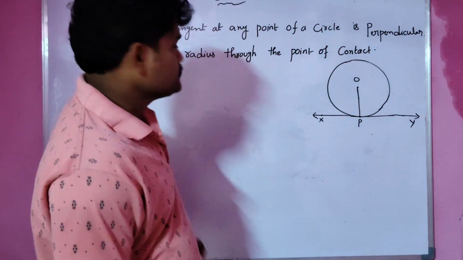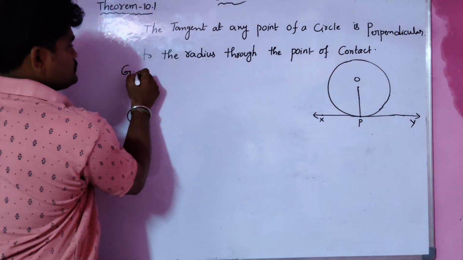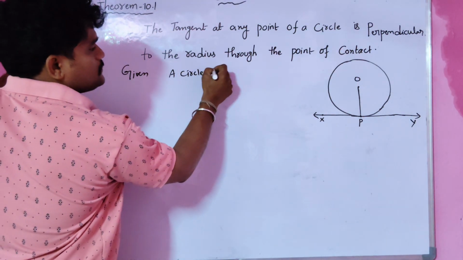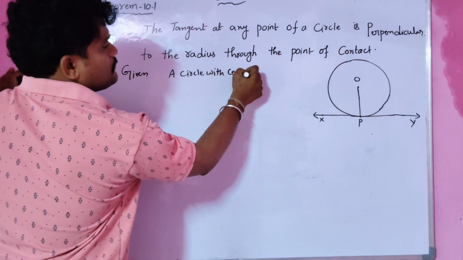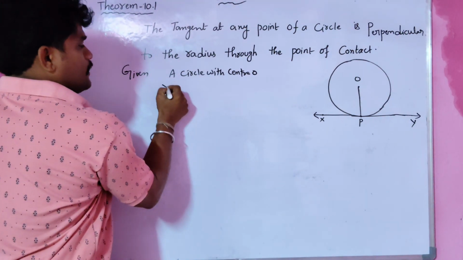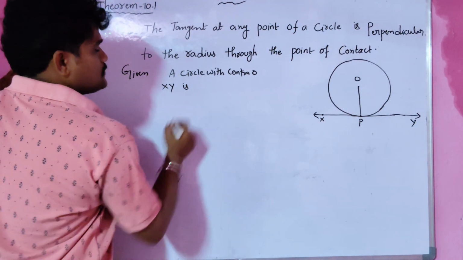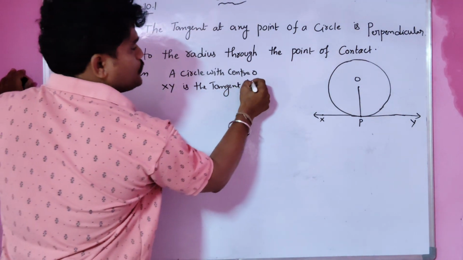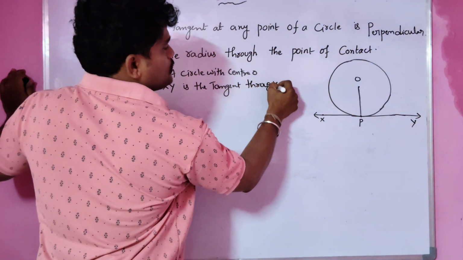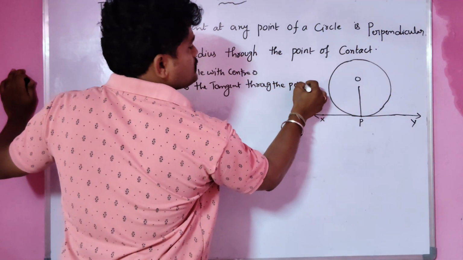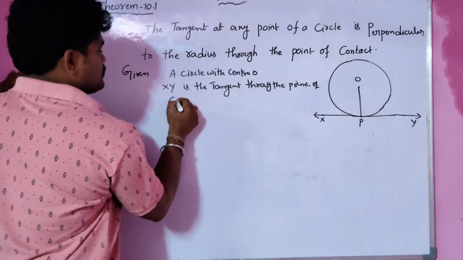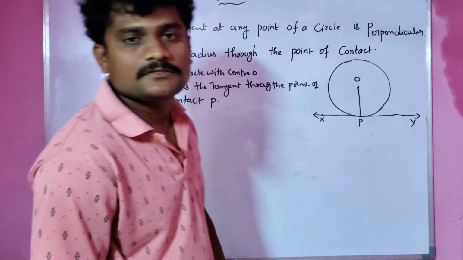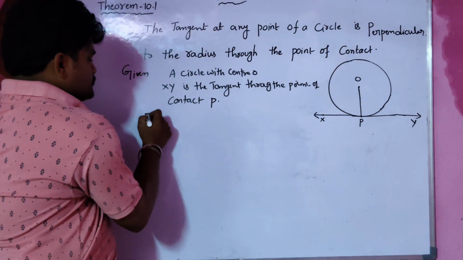Just write the given information. Given: a circle with center O, XY is the tangent through the point of contact P, and required to prove, RTP.